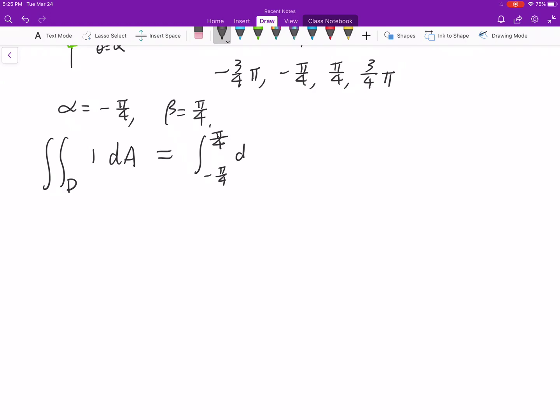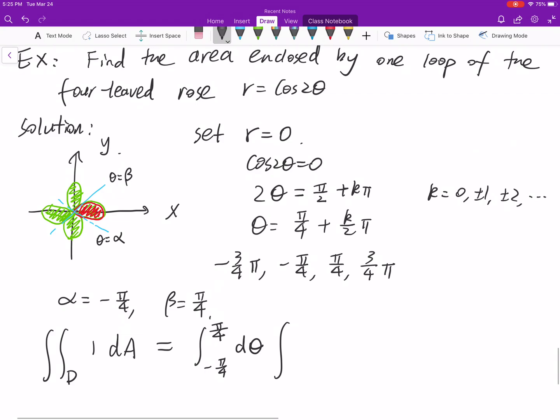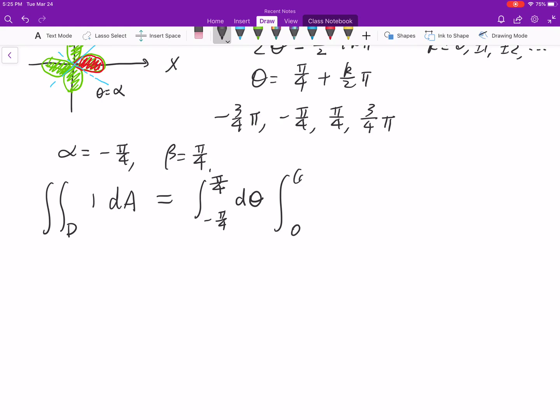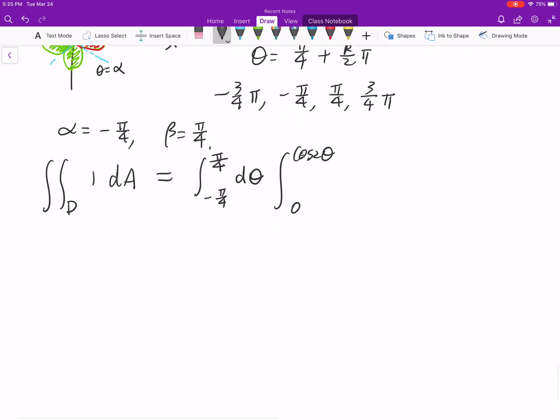So here you have the integral from negative pi over 4 to pi over 4 with respect to theta, and then you have the integral. Note that here the region for r is between 0 and cosine 2 theta, and then inside you have 1 times r dr d theta.